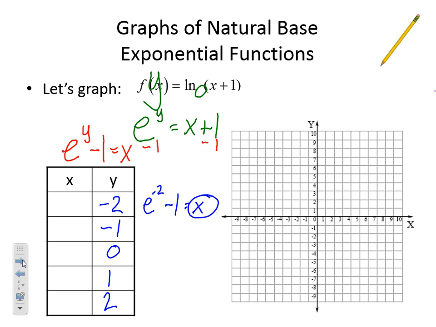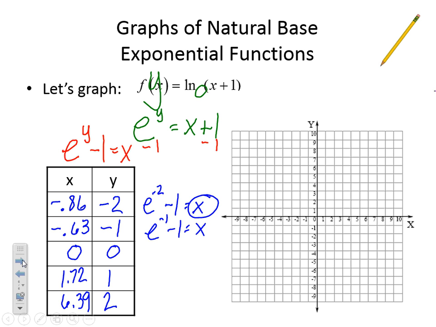So for this one, I get -0.86, -0.63. For 0, I got 0. For 1, I got 1.72, and 6.39 for 2. These all come from evaluating by plugging in values in the y spot, remember, and filling in the x.